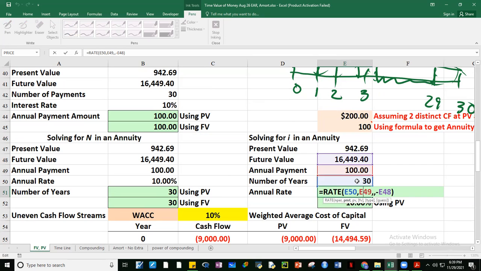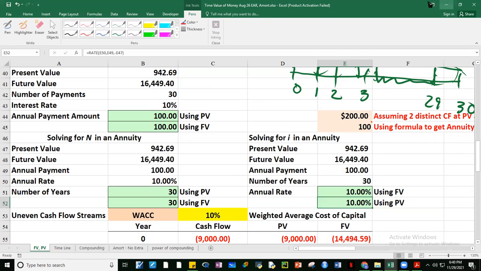Second is PMT, 100. So we can either use PV or FV. Here I used FV. Okay, this one. And then I place negative here. You can put negative in the FV or in the PMT. Okay, so that's 10%. Okay, using PV, you also get 10%.